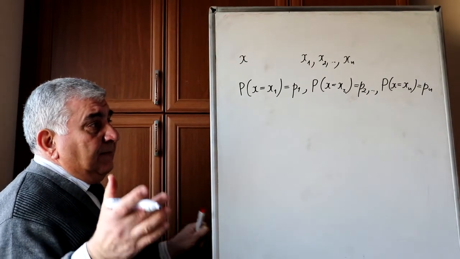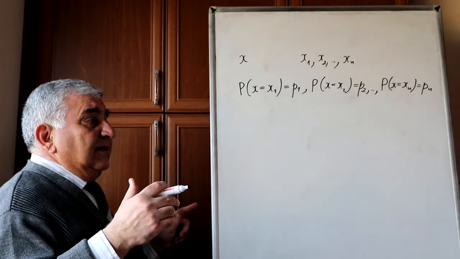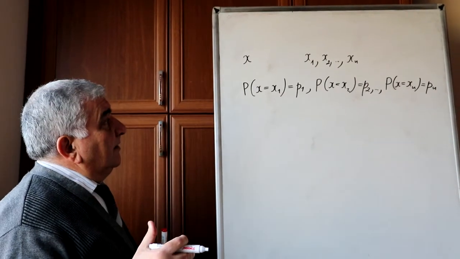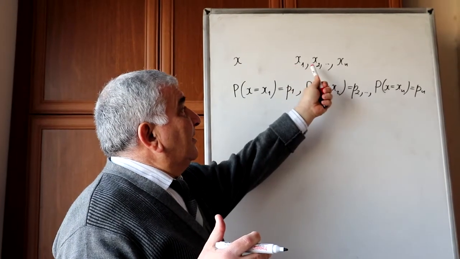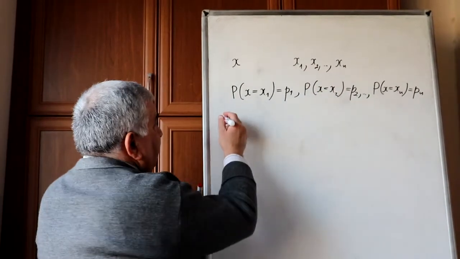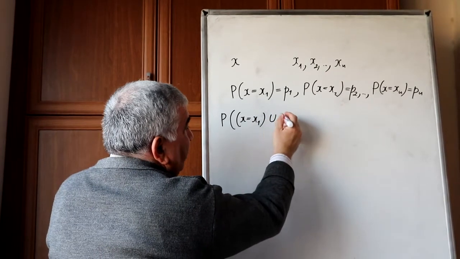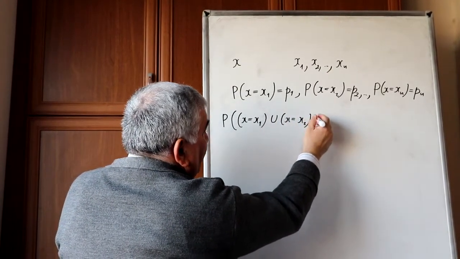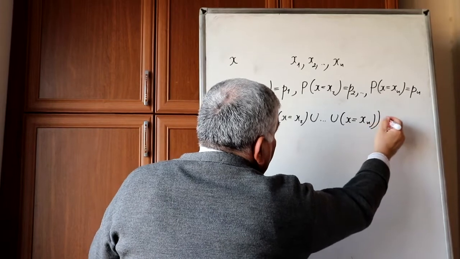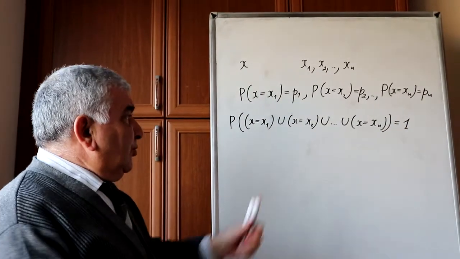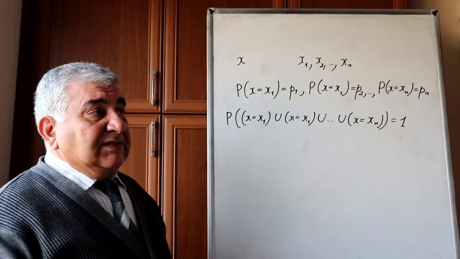Already you know that the probability that the discrete random variable will take one of the values x1, x2, etc., x sub n is unit. P of x equals x1 or x equals x2 or etc. or x equals x sub n equals 1. You know that the union, birleşme, union of these events is also the sum of these events.